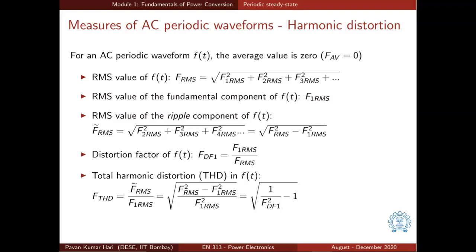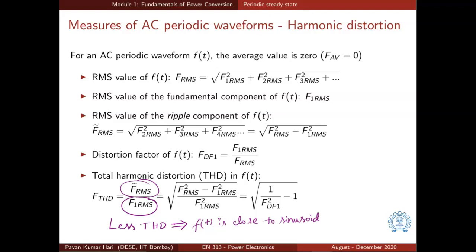And the total harmonic distortion, THD, in a periodic function f of t is defined as the RMS value of ripple divided by the RMS value of the fundamental component. This THD is widely used to assess the closeness of an AC periodic waveform to a sinusoid. So if there is less THD, that means a given periodic waveform is close to a sinusoid.